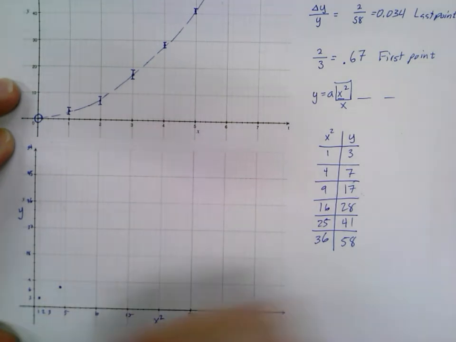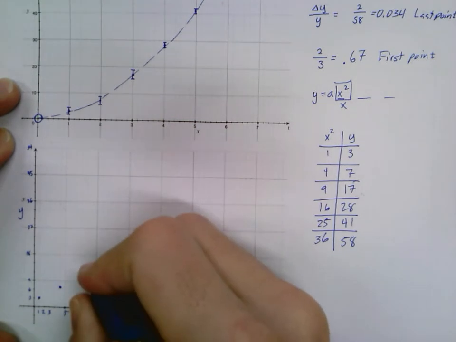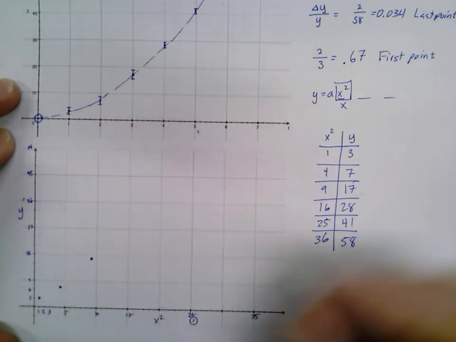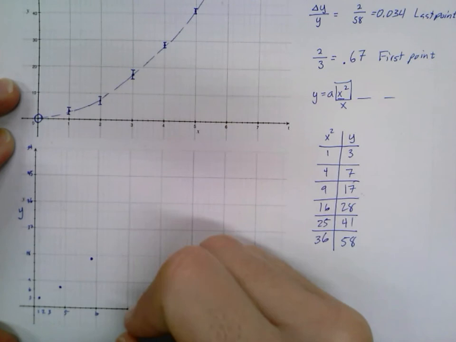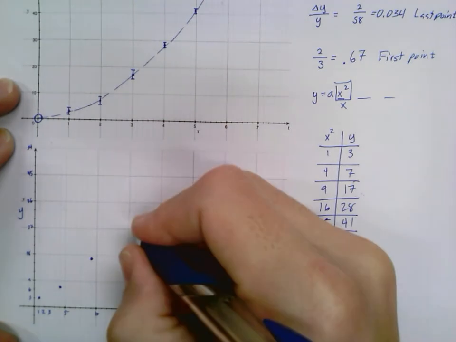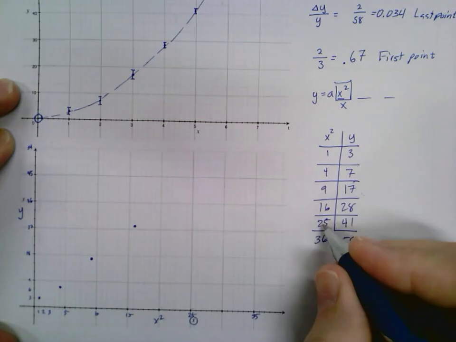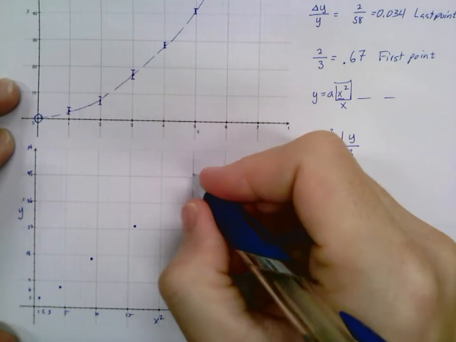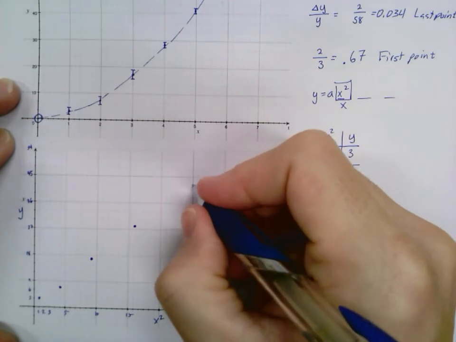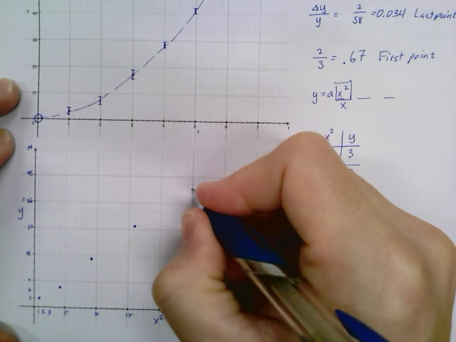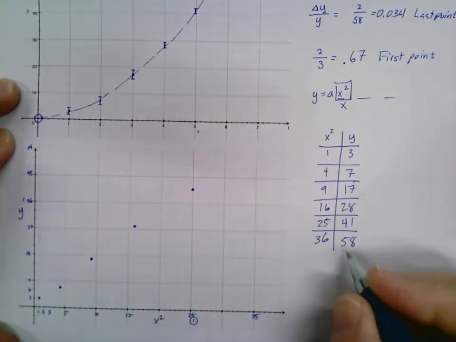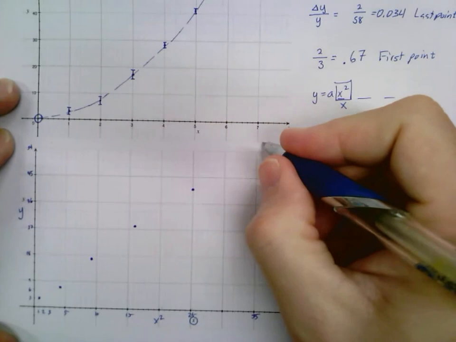Then I'll go to 9, 17, somewhere around there. 16, 28. Each one of those is 3. 25, 41, so that would be 42, so 41, about right there. And then 36, 58, which would be just off the graph here, somewhere up there.